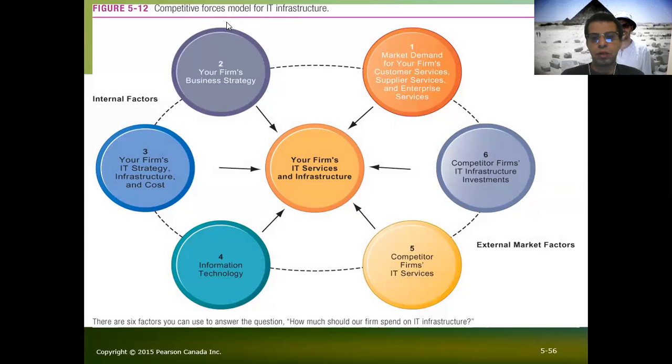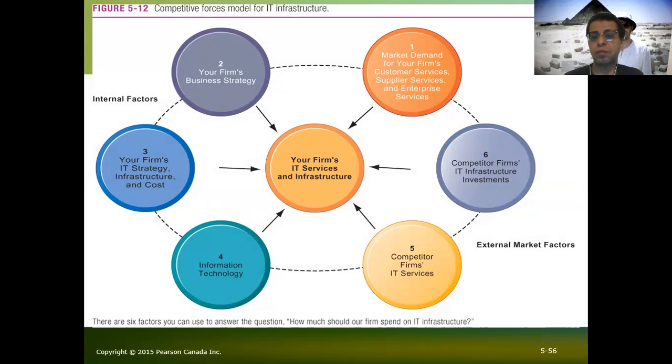So when we are talking about computing, in the center you have your firm and the IT services and infrastructure that you need to develop. And what drives them? There is an external market factor and an internal factor.